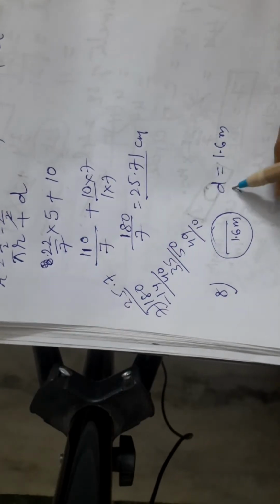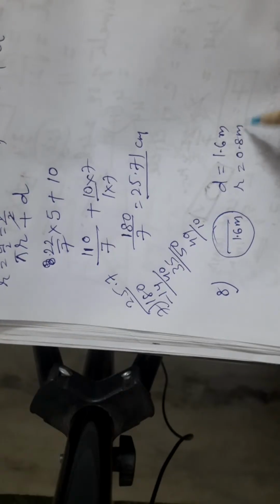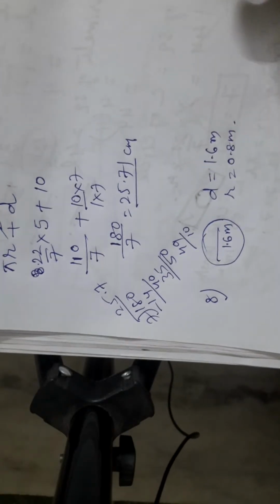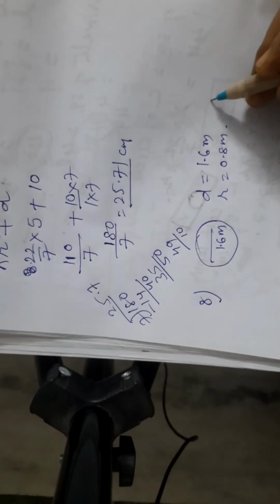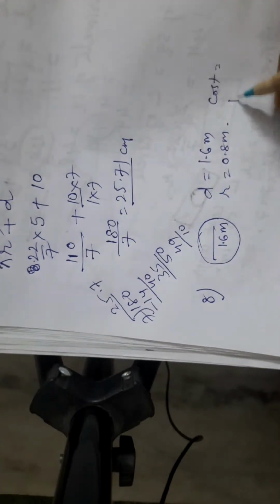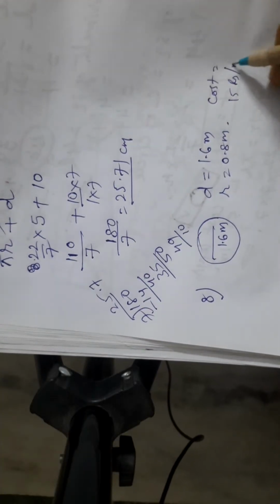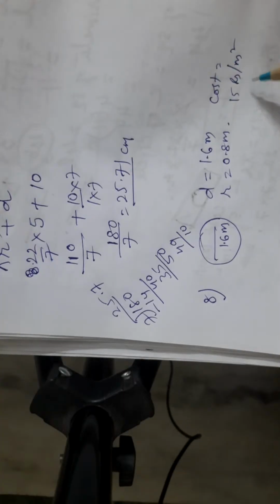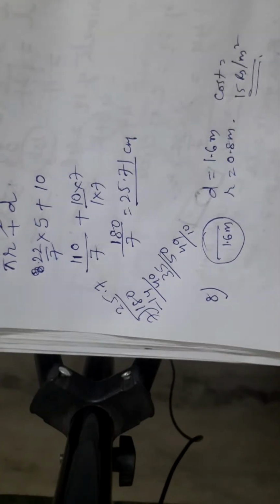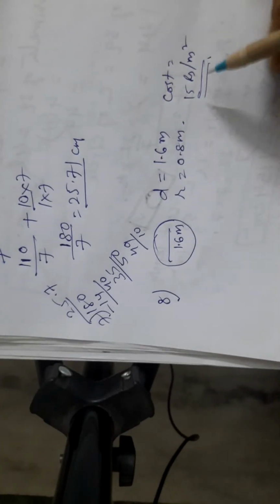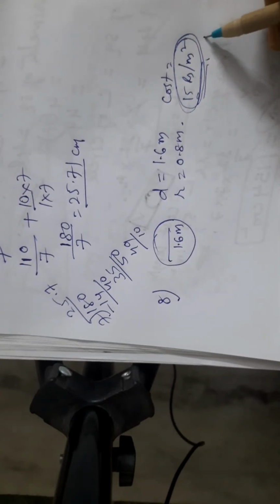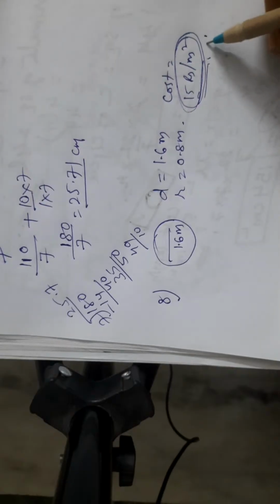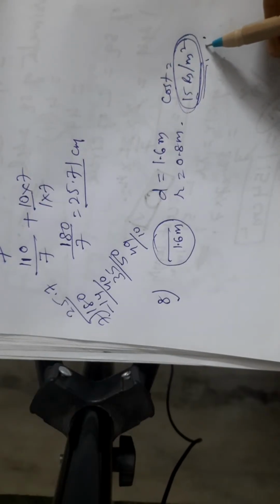Thus the radius will be half of that, so it's 0.8 meter. The cost is given as 15 rupees per meter square. As the question does not clearly mention what we need to find, by this hint we will know that we need to find the area. Whenever the cost is given in terms of meter square, the area is to be calculated.